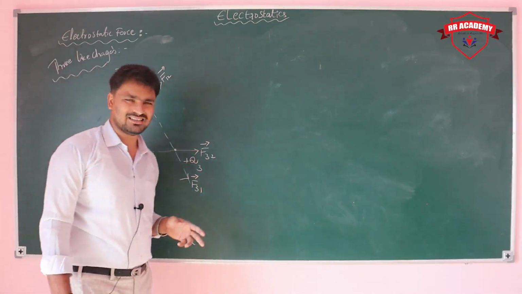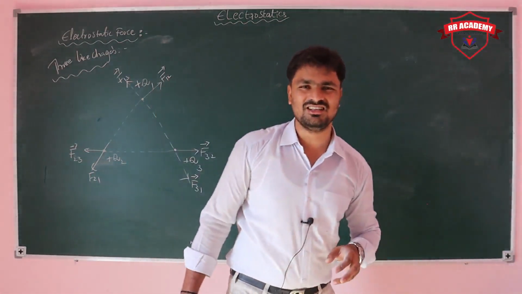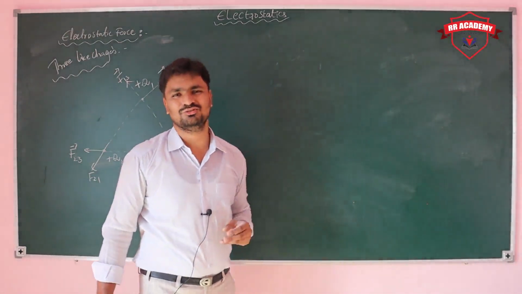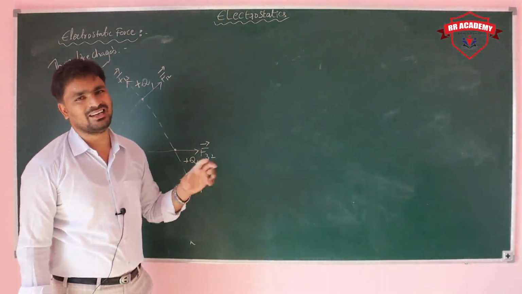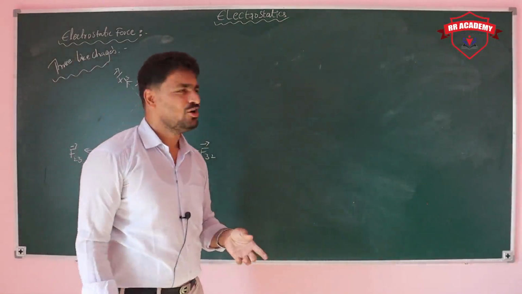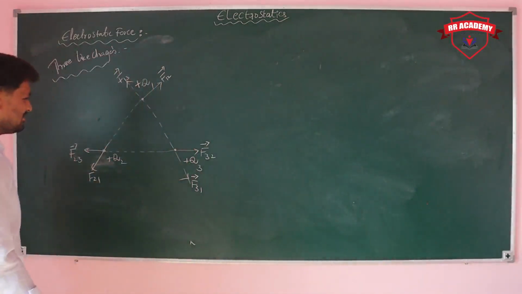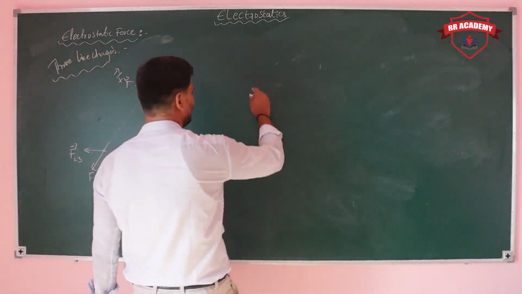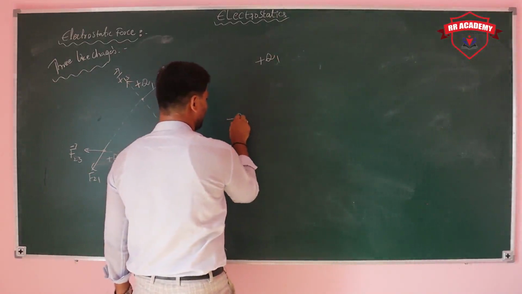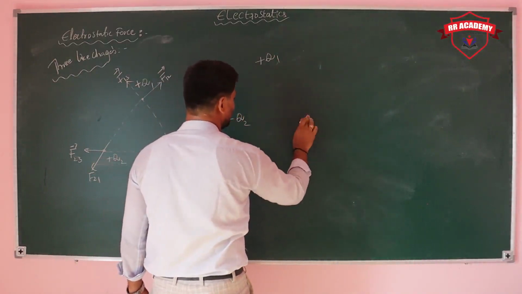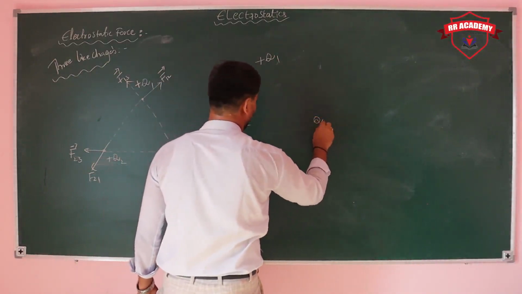Means 3 charges are there. Then on any one charge, how many forces are acting? 2 forces, by the remaining 2 charges. These may attract or these may repel. For example, if one of the charges is negative, say Q1 positive, Q2 I am considering negative and Q3 positive.